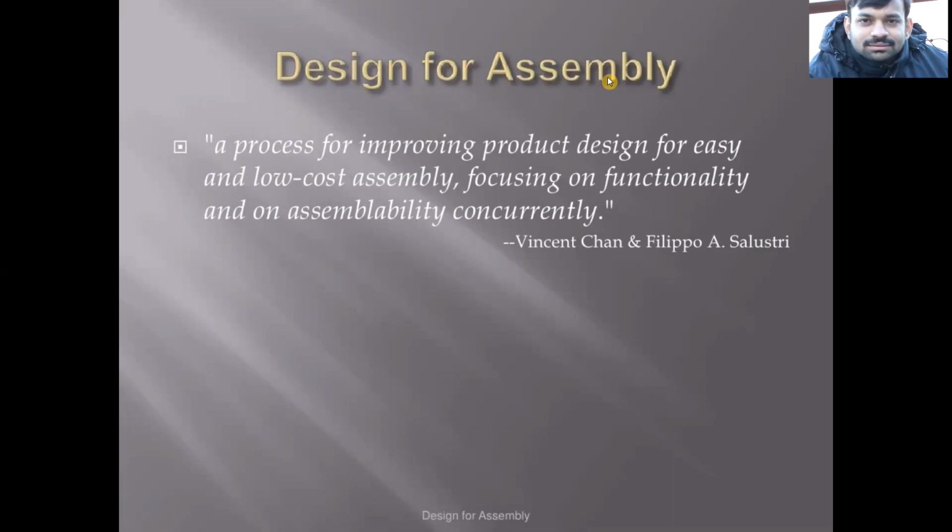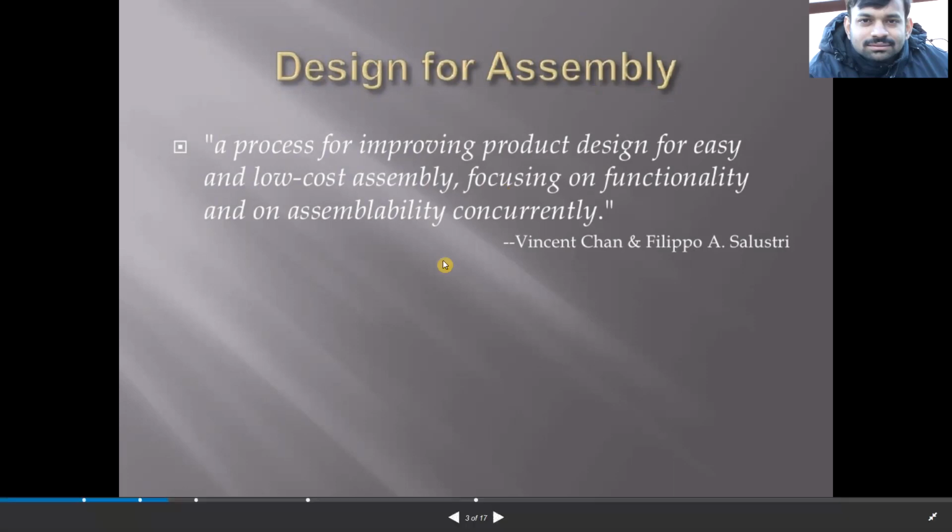What is meant by assemblability? It means how good, or how easy a way a part can be assembled with its counterparts. So this is the definition given by Vincent Chan and Filippo.